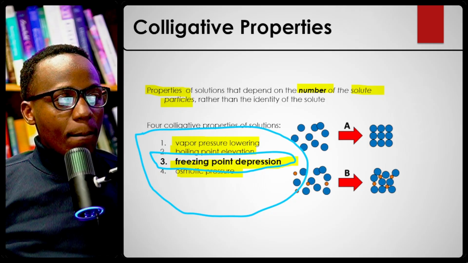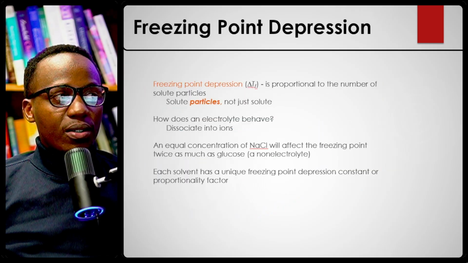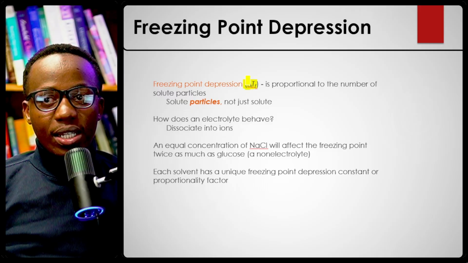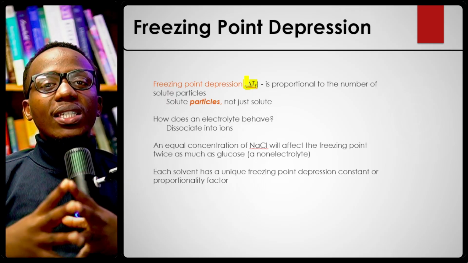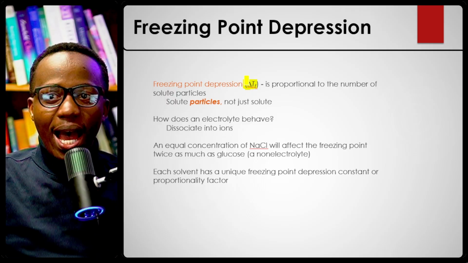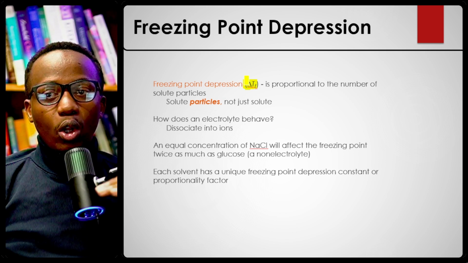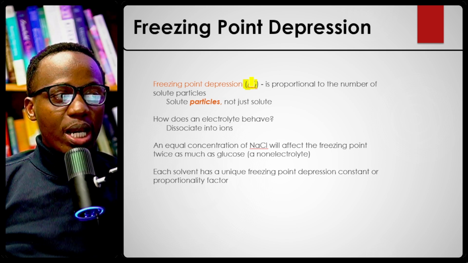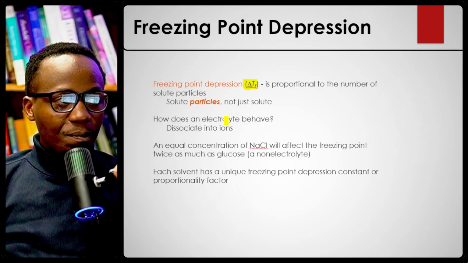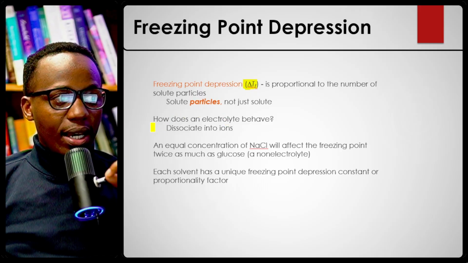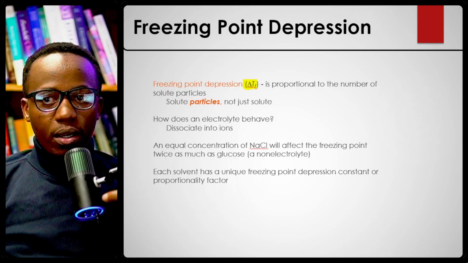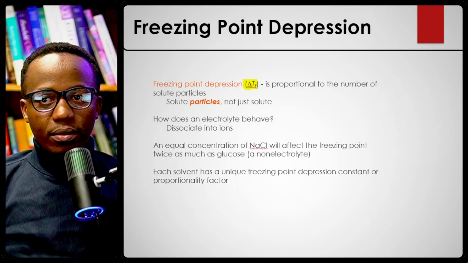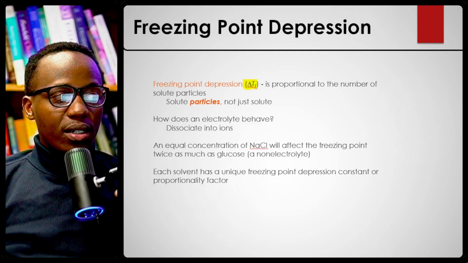So the freezing point depression is the change in temperature of freezing. Usually water freezes at 0 degrees Celsius, but if we add things to water, it will go lower. So we're going to measure that. And again, it affects that by affecting the concentration.